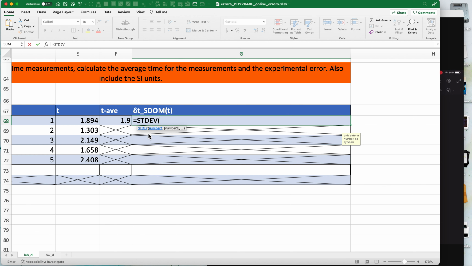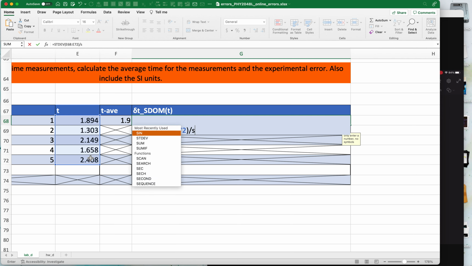That means the standard deviation. And again, drag it across the numbers that you want, and then close parentheses. But the error is the standard deviation divided by the square root of the number of trials. So here there are 5 trials. So divided by SQRT, which is going to be square root, and then 5, and then close parentheses. And from there, go ahead and press enter.